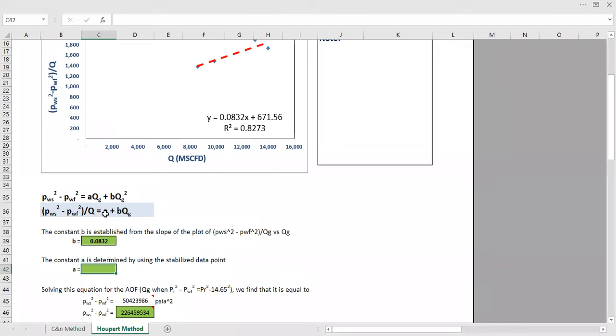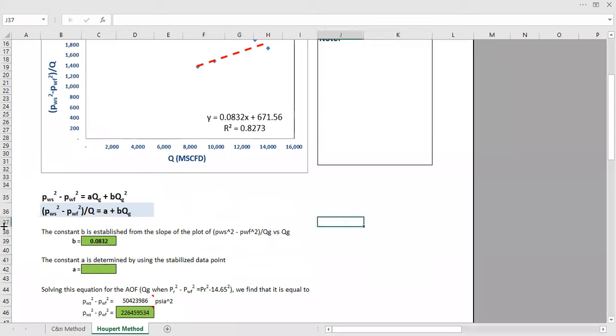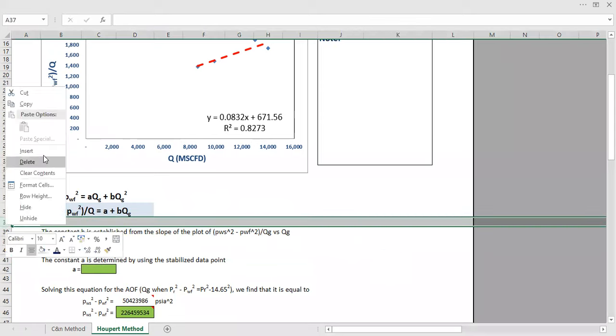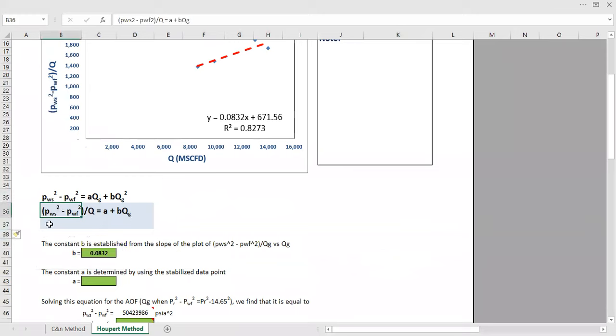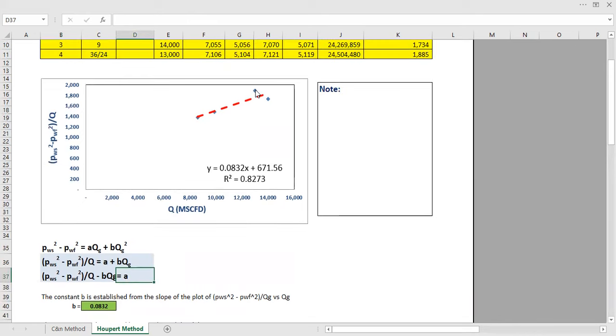So this one, if we copy, or maybe I make another row like this, and let's say I just copy and paste. So to calculate A, we can just put this one to the left hand side. Okay, so you get A, but we will use the flow rate from the stabilized data point.